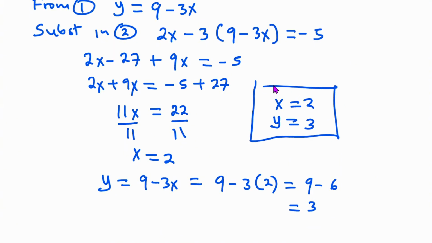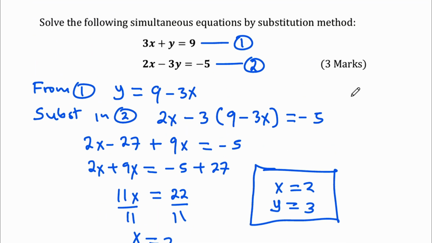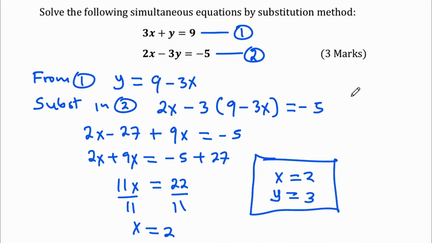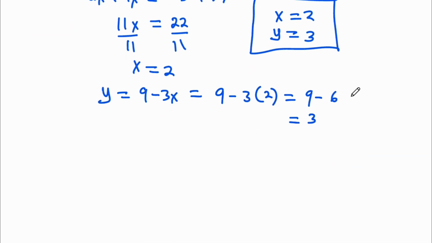So we can check if these values of x and y can satisfy either of these equations. So let us try just the first one, that is 3x plus y is equal to 9. Let us try and see if 3x plus y is really equal to 9.